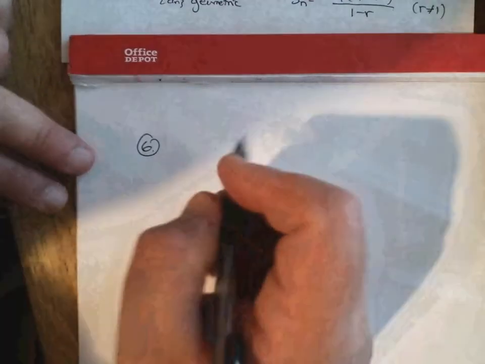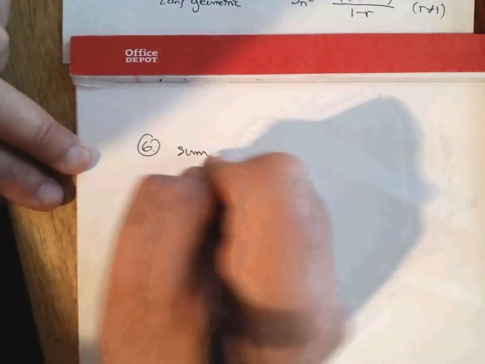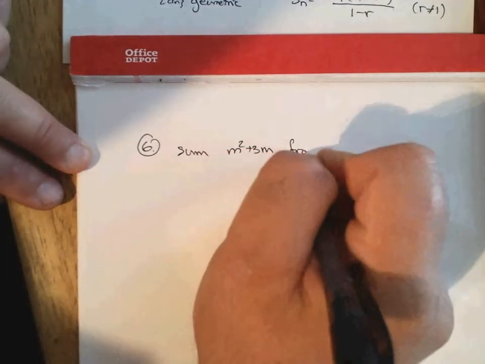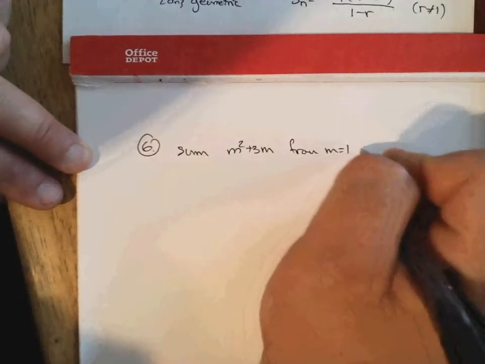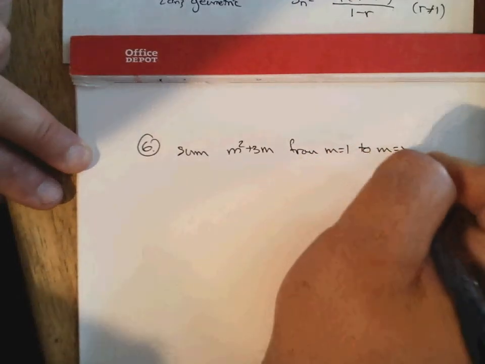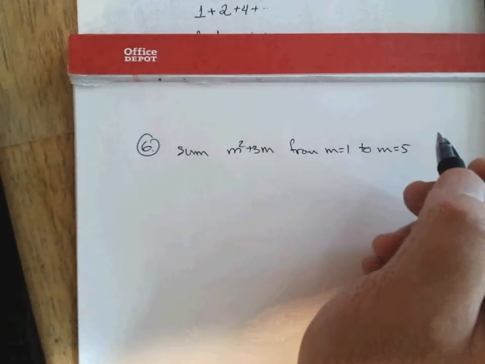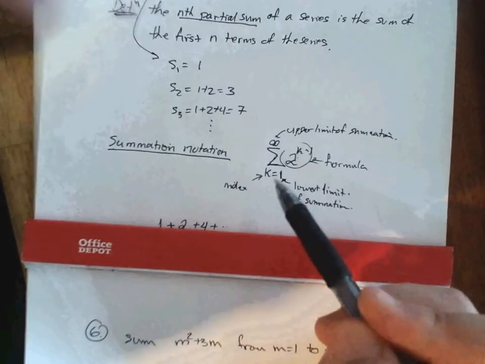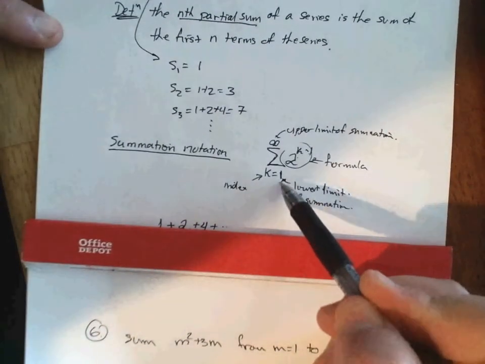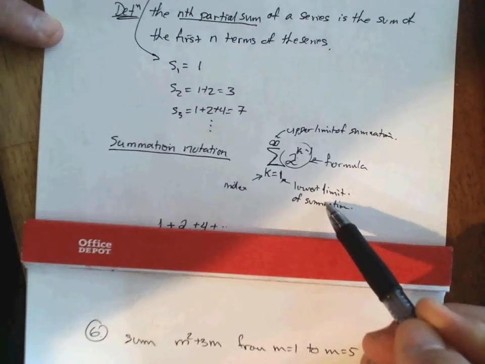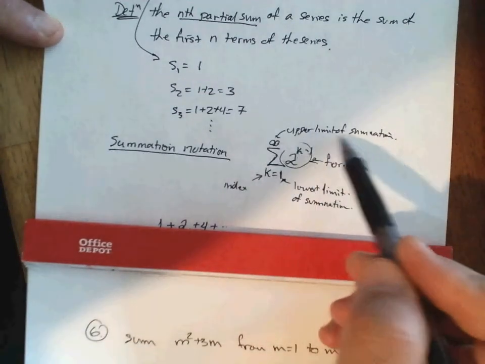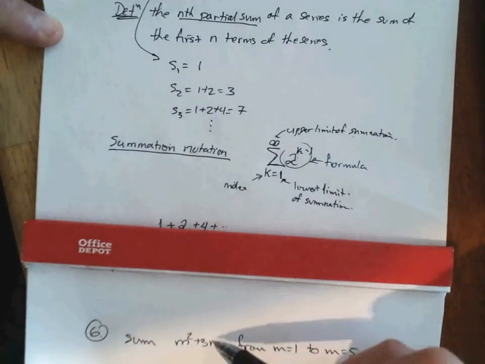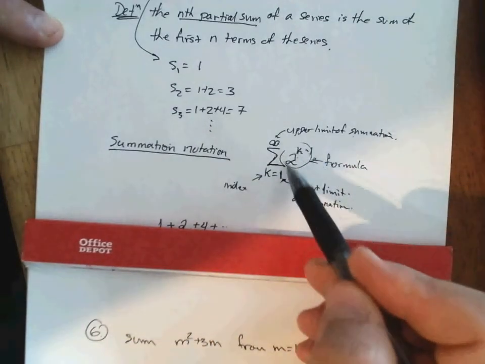So we want to sum the expression m squared plus 3m from m equals 1 to m equals 5. Okay? Now, thinking in terms of this notation here, what they're telling us is sum from m equals 1, that's the lower limit, to m equals 5, that's the upper limit, and what we want to sum, the m squared plus 3m, that's the formula for what we want to sum.